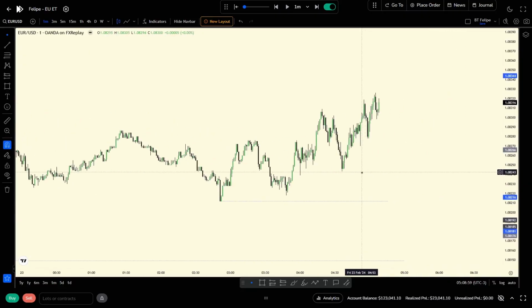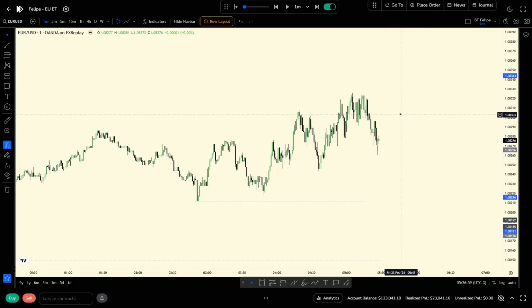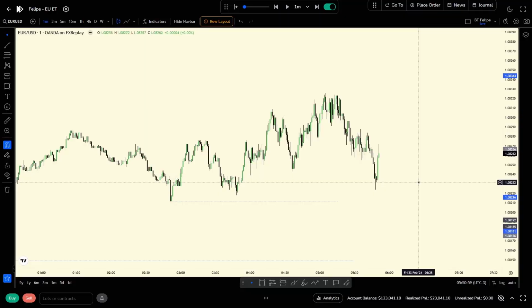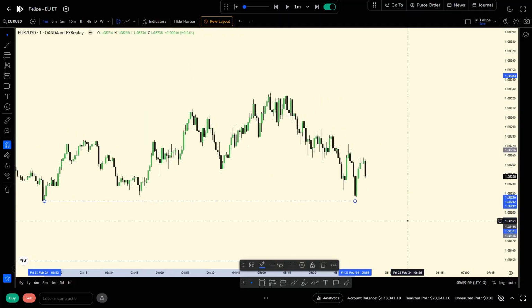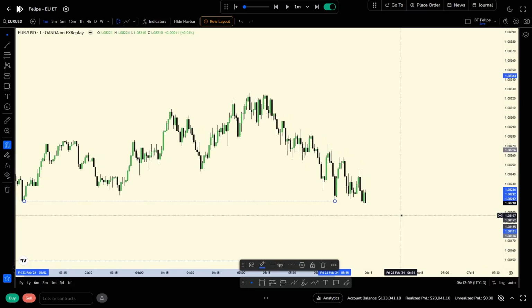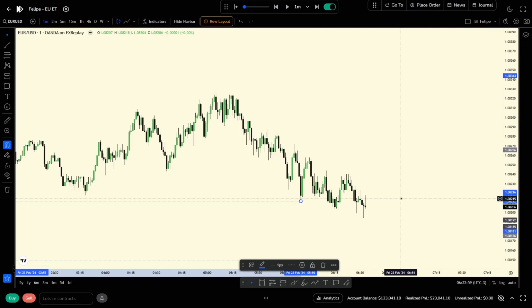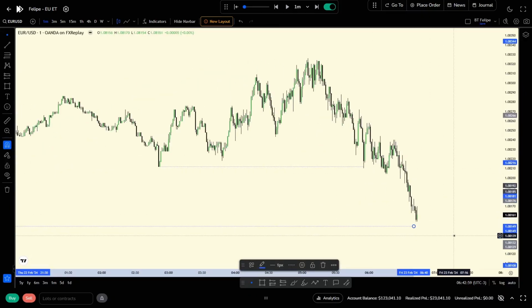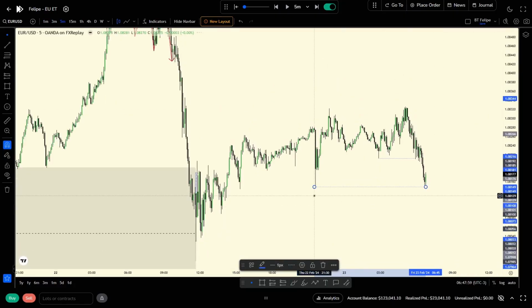This is a nice low to be taken. Unless you retrace and then go up. Ended up taking this low. Now it'll be a lot better. The setup to long. Okay, now it looks even better.